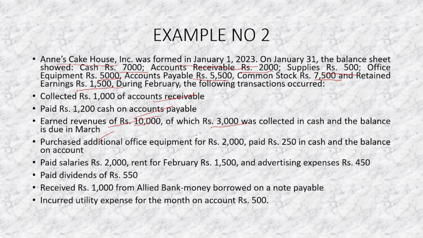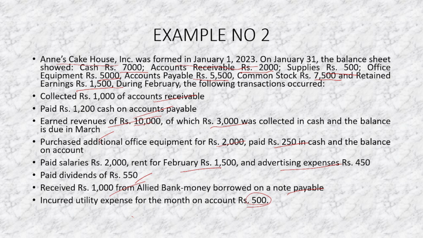Purchased office equipment for rupees 2,000, paid 250 in cash and the balance on account, and paid salaries of rupees 2,000, rent 1,500, February's rent, and advertising expenses 450, and dividends payable is 550, and 1,000 from the Allied Bank has been borrowed as note payable, and the utility expense incurred was 500 rupees.